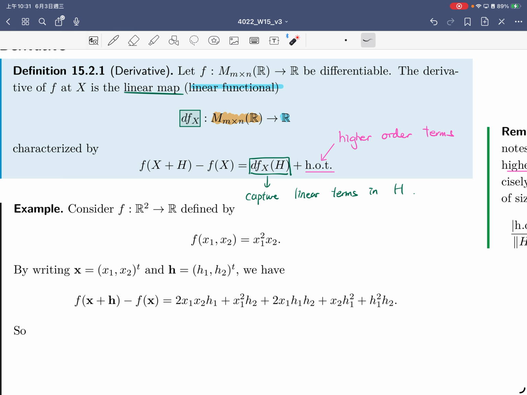Then after you spell it out, this is what you get. Now you try to analyze which ones are the higher order terms in h. Higher order terms means those of degree 2 or more. So in this case, it will be the last three terms. These are the higher order terms.